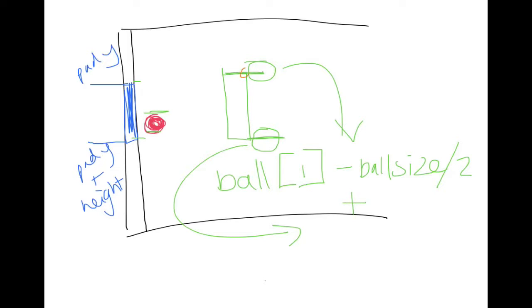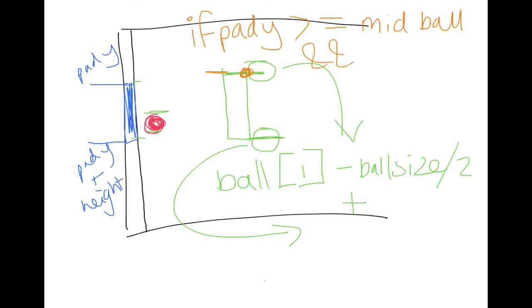So what you want to check overall is if the paddle Y, the top part, is greater than or equal to the middle of the ball, and if the paddle Y is less than or equal to the middle of the ball. And if that is the case, we want it to bounce, but if that's not the case, then we want it to stop.